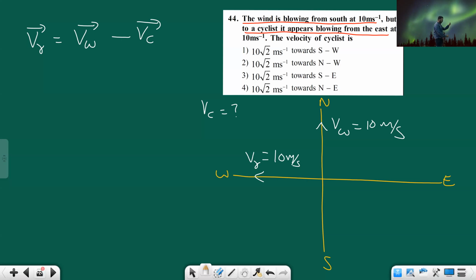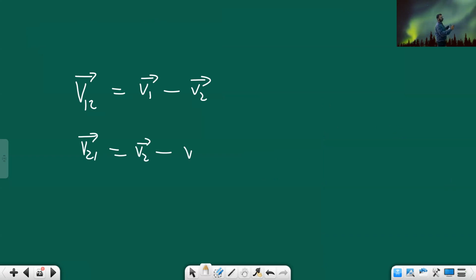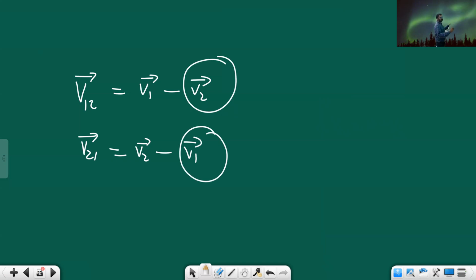Whenever we speak about relative velocity, V12 bar means V1 bar minus V2 bar, and V21 bar means V2 bar minus V1 bar, that is 1 with respect to 2, and 2 with respect to 1. Always the subtracted velocity is the observer velocity.